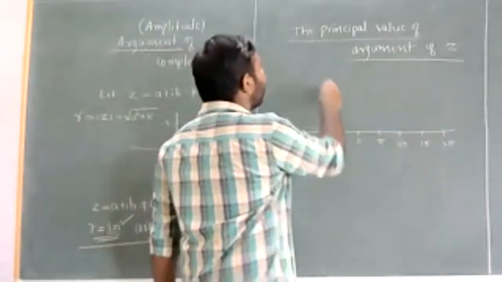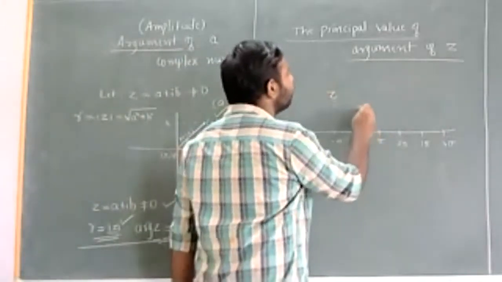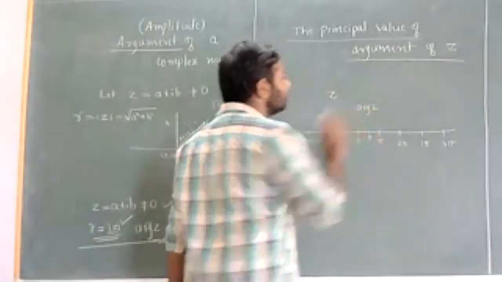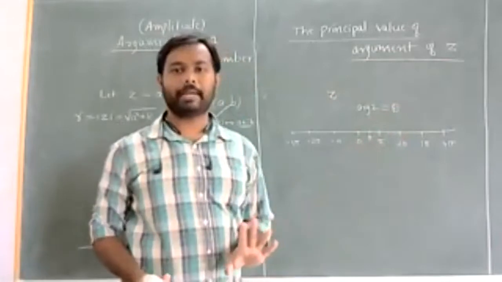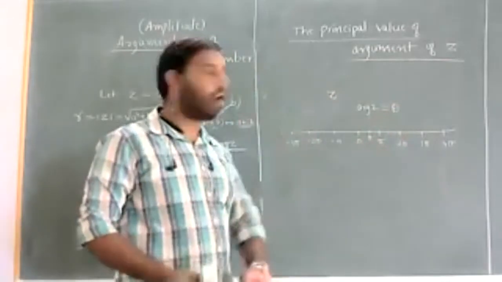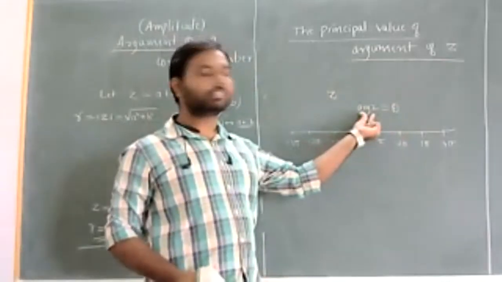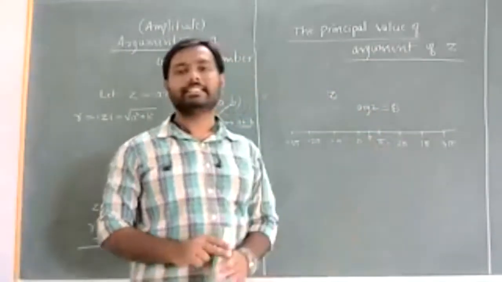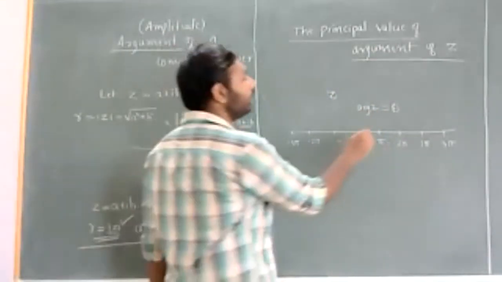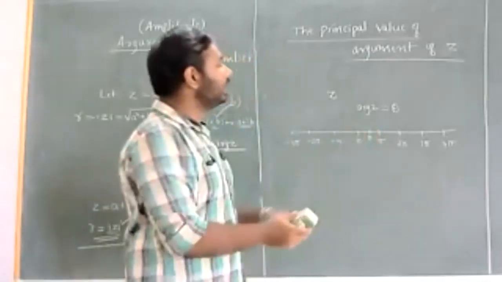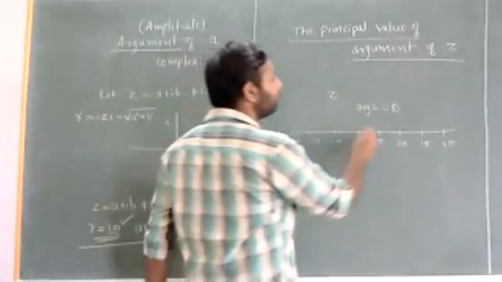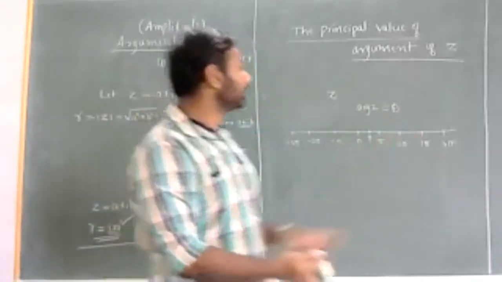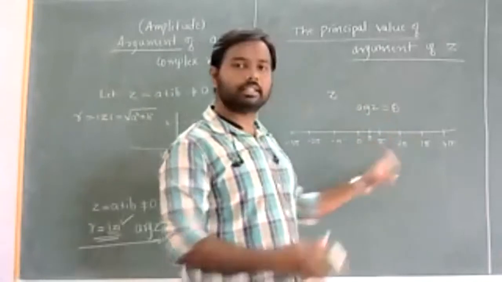Suppose for a complex number, the argument value which I have got is theta, and suppose it lies between 0 and 2 pi. So when this is the argument value, if I give a 2 pi rotation, the 360-degree rotation, where will it be?